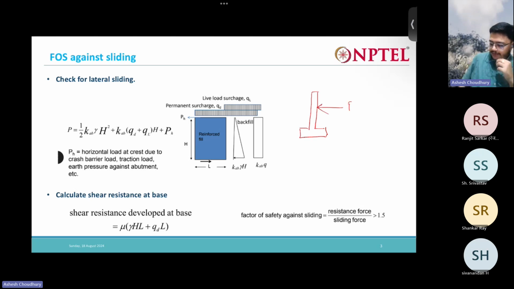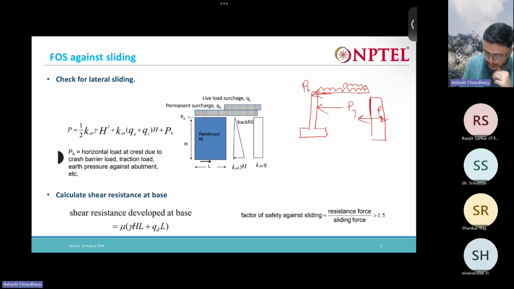Then we have some surcharge here. Due to that surcharge, we will be having some pressure. So this is P1, this is P2, and then some horizontal load we have like this, PH, right?